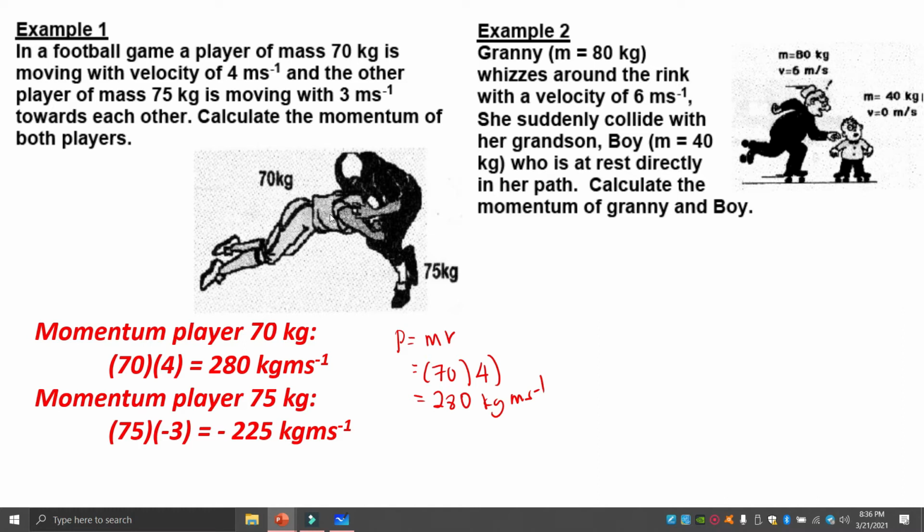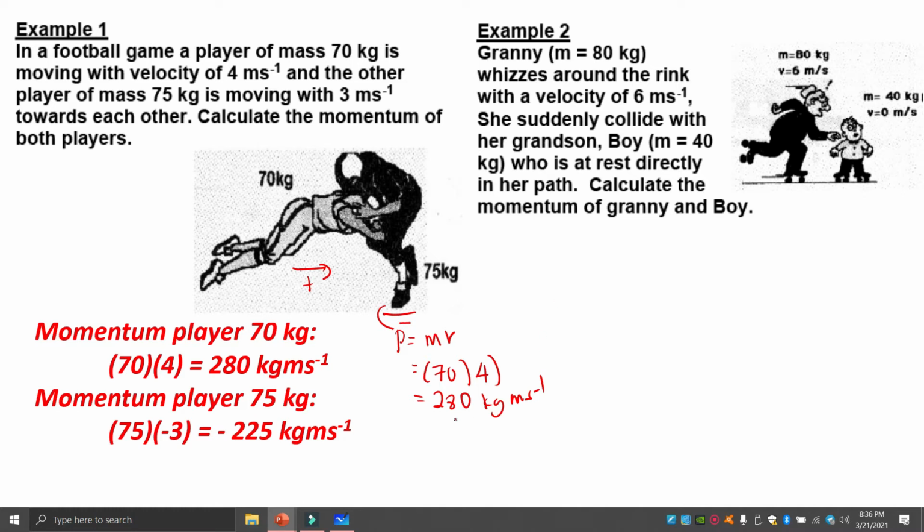Then for the other player, they move in different directions. This one moves to the right and this one moves to the left. Remember, the one that moves to the right is positive, so the sign must be positive. If you move to the left, the sign must be negative. So for the 70 kg player, the v uses the positive sign, so you don't need to put it.